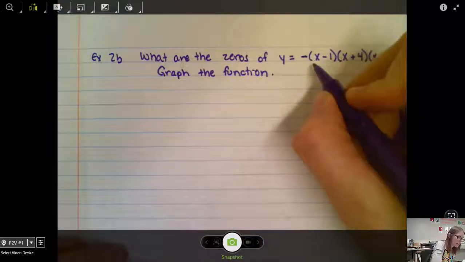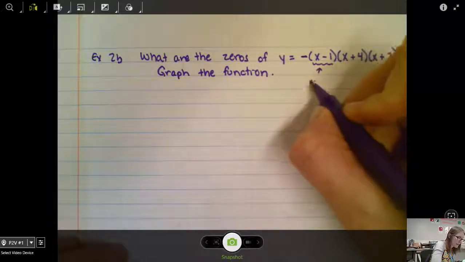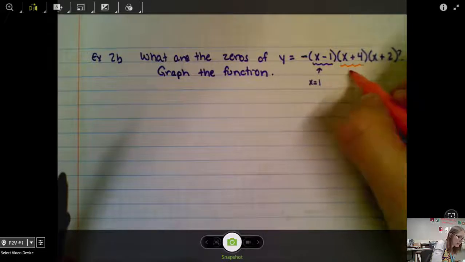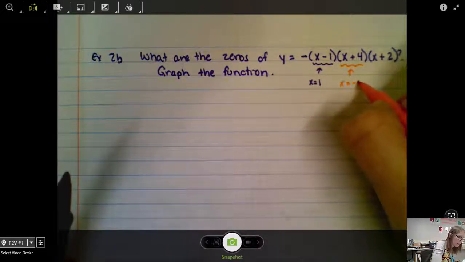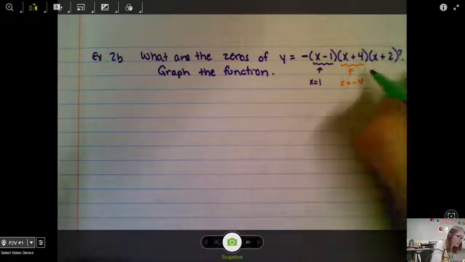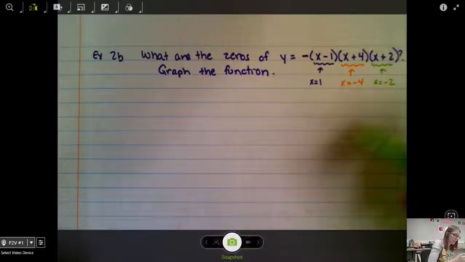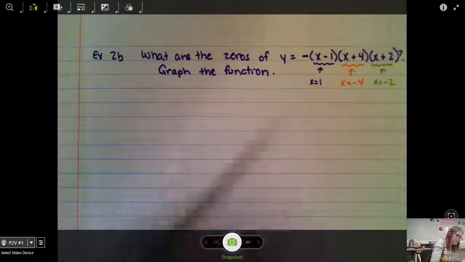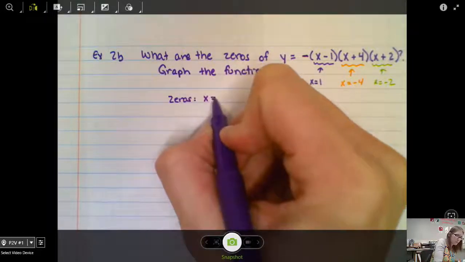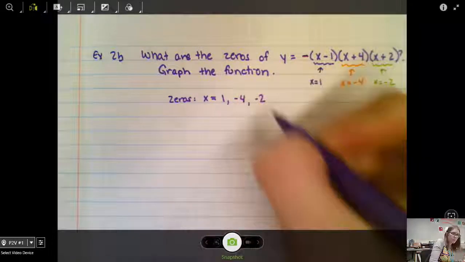So first step, find our zeros. We have a 0 when x is 1. We have a 0 when x is negative 4. And we have a 0 when x is negative 2. So the zeros are 1, negative 4, and negative 2.